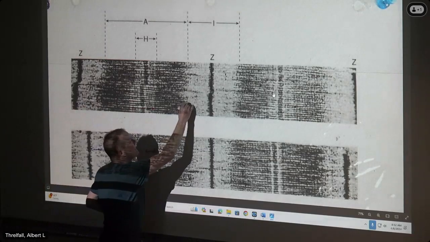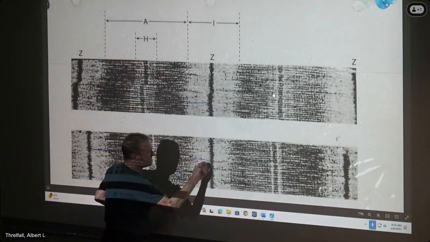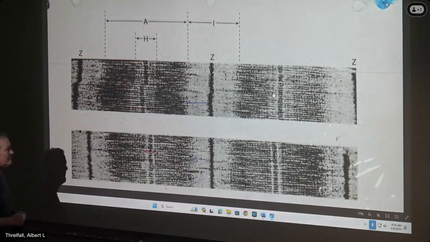Look at how the I bands are changing, as the Z lines are moving toward the end of myosin.